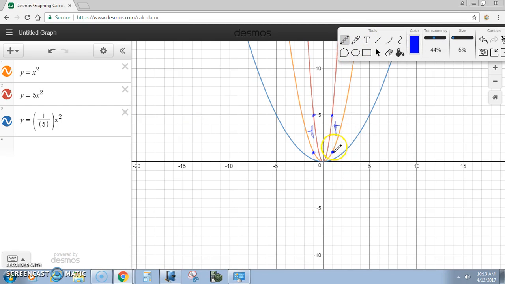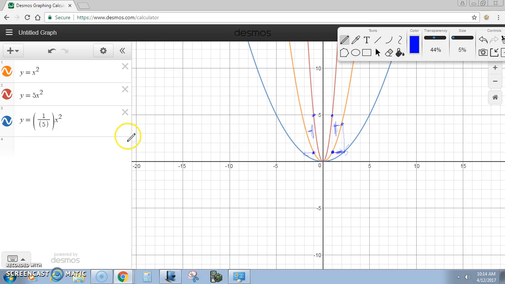Remember the orange was our parent function. Now it's fatter. Here, each point got fatter. And shorter, right? This point here got shorter vertically, but fatter horizontally when the number was less than 1.